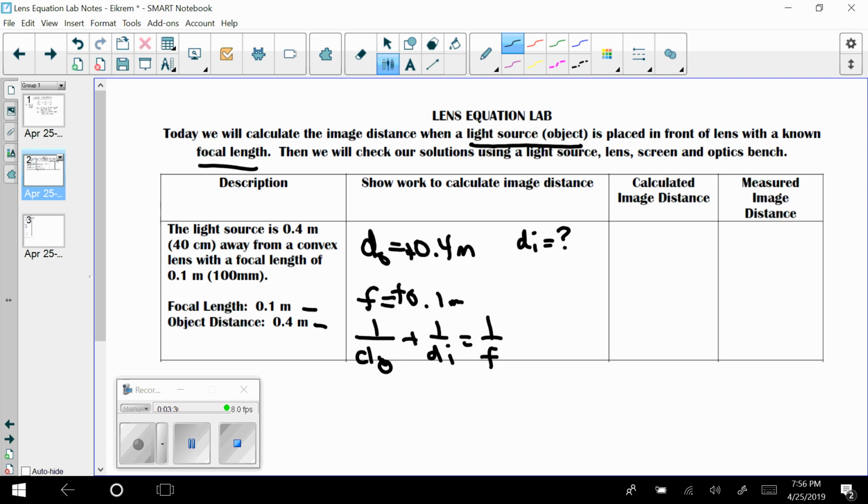Okay, now we're going to solve for dI. So let's draw a picture of this. We have a convex lens. And that's the principal axis. This is the normal axis.